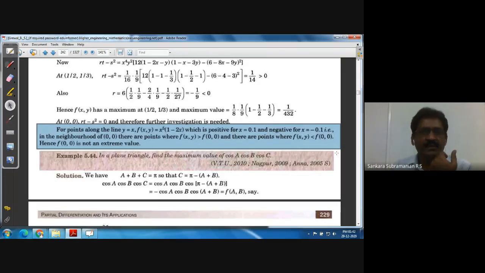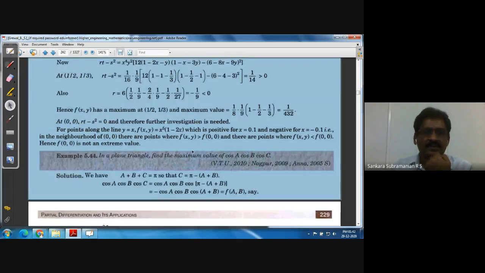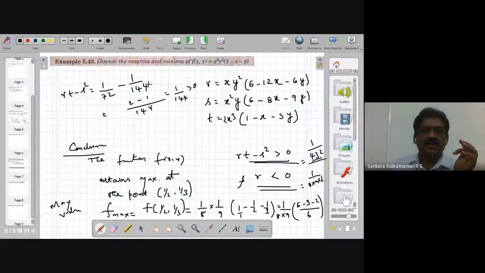If you want, you can do the investigation, but most generally you can write it as a saddle point, or further investigation is needed. Further investigation needed means you need mathematical tools, that is not included in the syllabus. So let us leave that particular one. Saddle point in solidum.